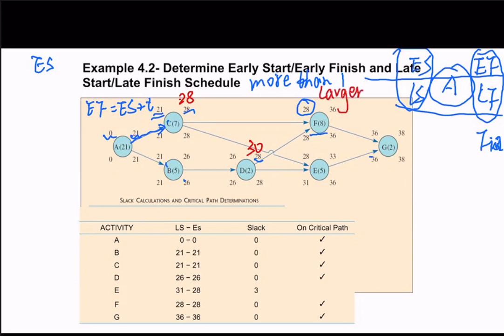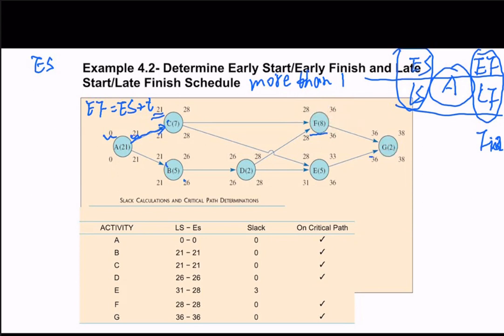So if we have 28 or 30, then we need to choose 30. But because for this problem both C and D have an EF of 28, we just directly write 28 here, and 28 plus 8 will be 36, and we move to G.